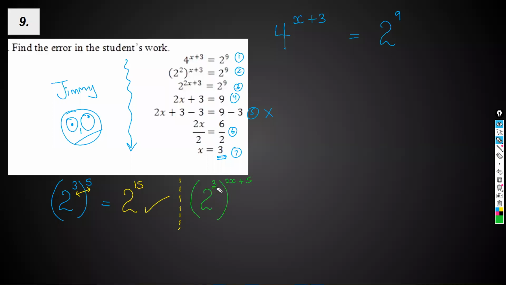The first power is 3, and the next power doesn't look too nice, but the next power is 2x plus 5. The point is, one section is inside the brackets and one section is outside the brackets. So the powers are separated by brackets. The rule still applies. We have to multiply these 2 powers.